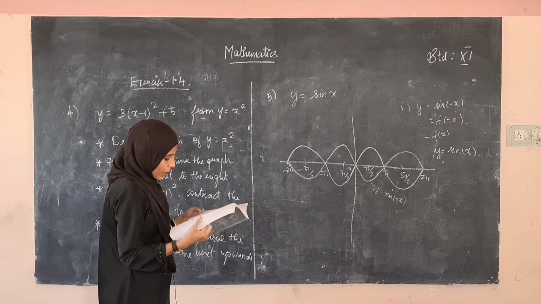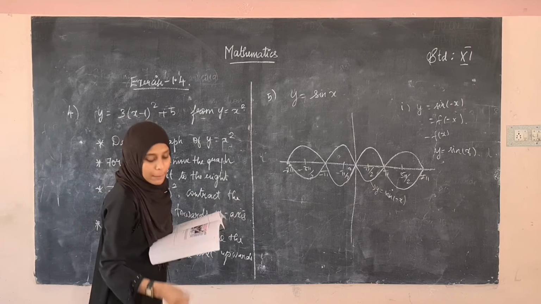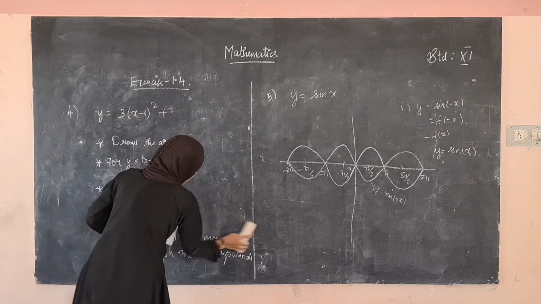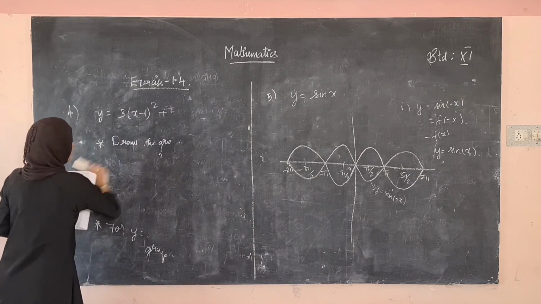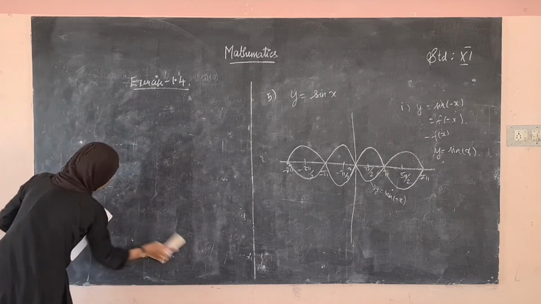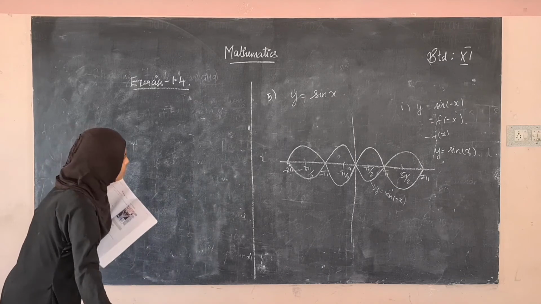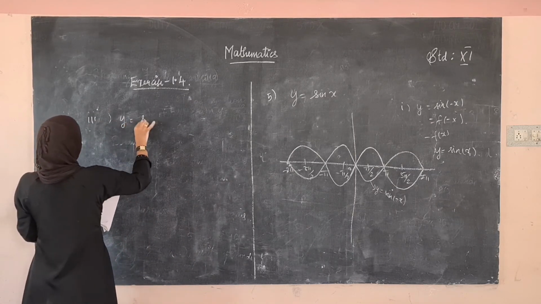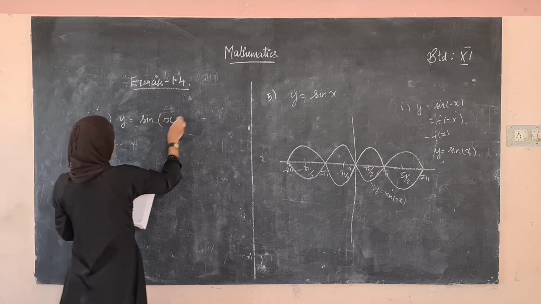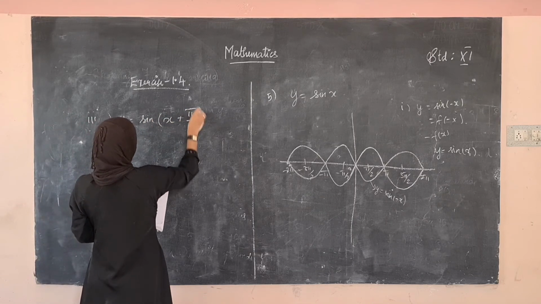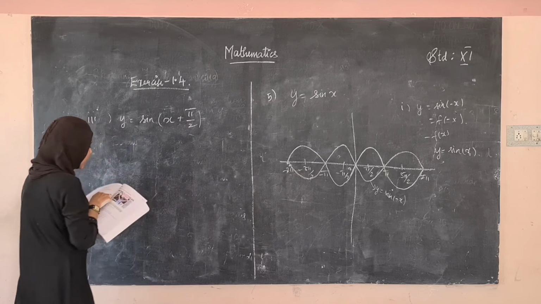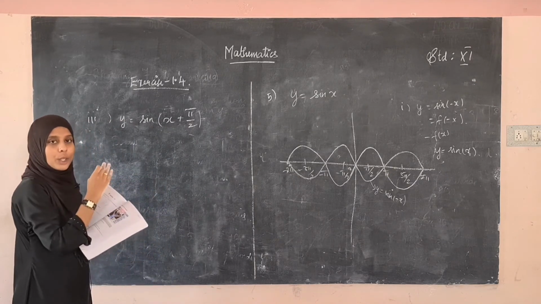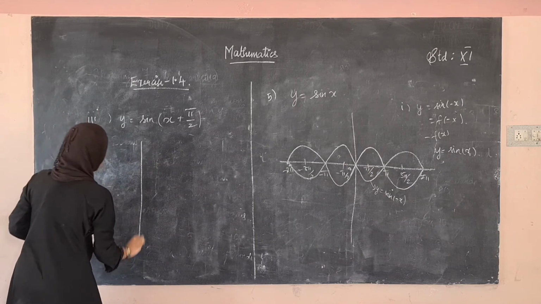What's the third subdivision? Y is equal to sin of (pi by 2 plus x), that means x plus pi by 2, right? So this is in the format of f of x plus c. What happens? The curve is shifted to the left.